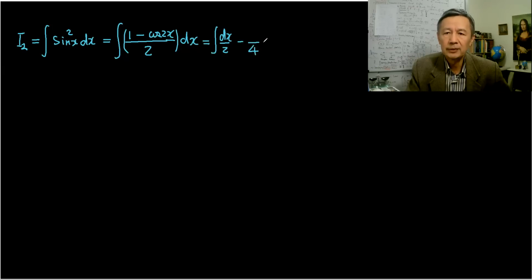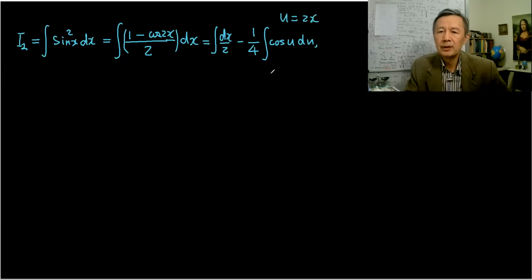I'll tell you why this 4: I'm going to rewrite this integral of cosine 2x as cosine u du, where u is equal to 2x. That's why there's an additional 2 to divide by, in order to keep the balance and keep the equal sign valid. The result is rather simple.